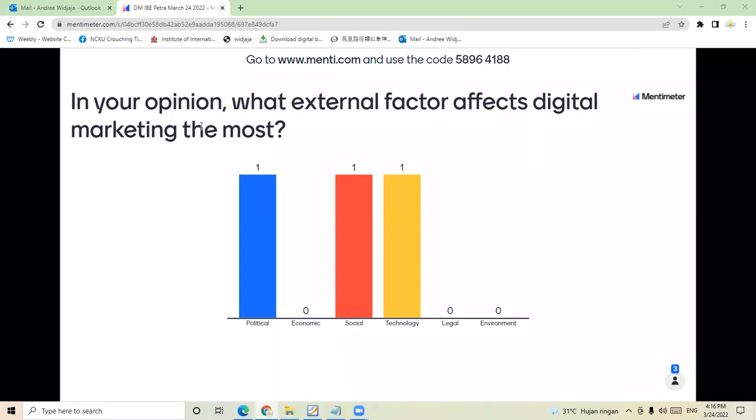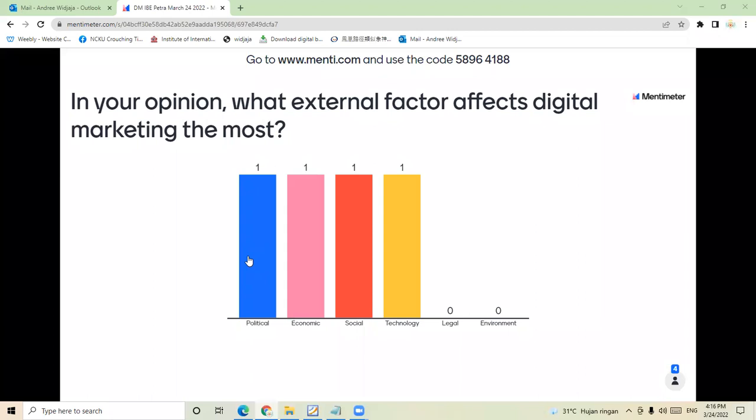I see there are 4 different answers here: political, economic, social, and technological. So each of you has different answers. I would say these 6 are very important, all of them, but there are 2 factors that can be considered the most influential factors affecting digital marketing.